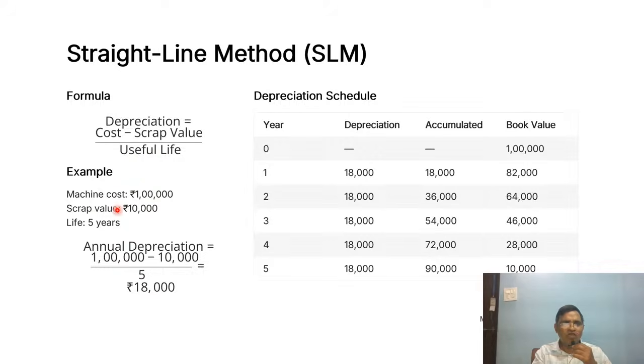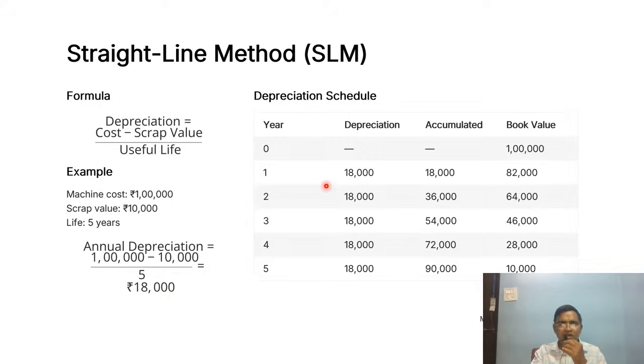Example: machinery cost is 1 lakh, scrap value is 10,000, life is 5 years. So annual depreciation is 1 lakh minus 10,000 divided by 5 years, which comes to 18,000. So this is called straight line depreciation.